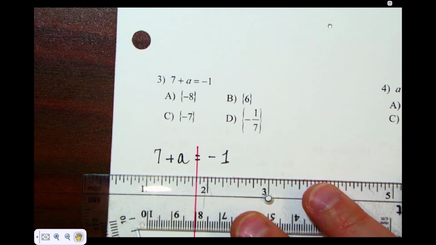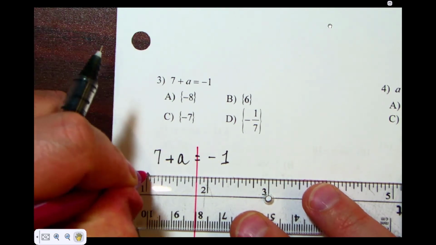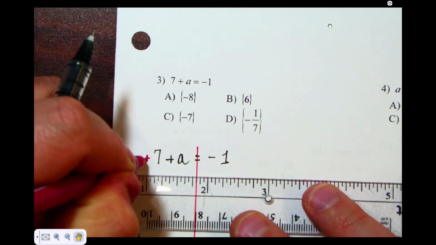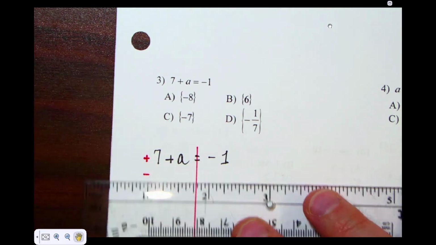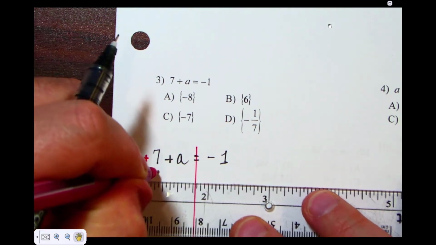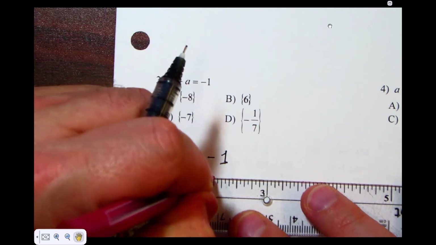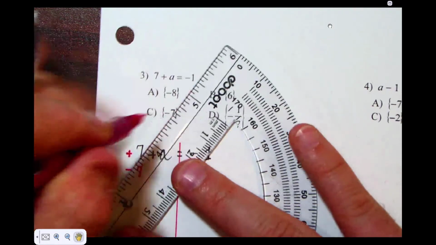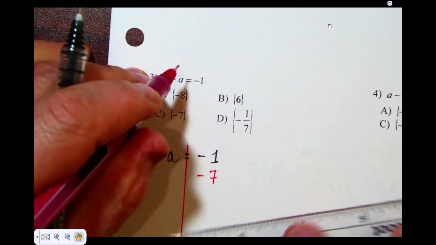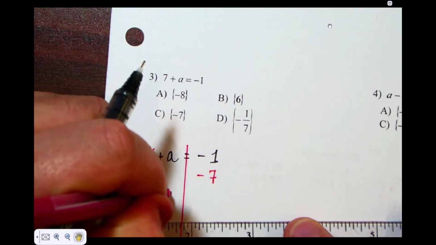But if we're going to use algebra, we're going to do the additive inverse. Now, this often confuses students. That's a positive 7, so we would do a minus 7 on both sides. And now on the left, we cancel. On the right, well, we have A equals.